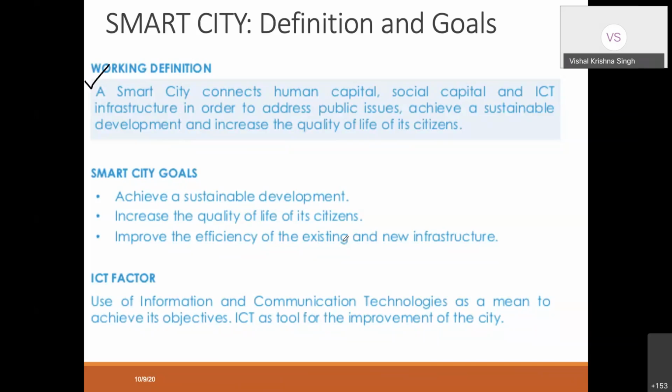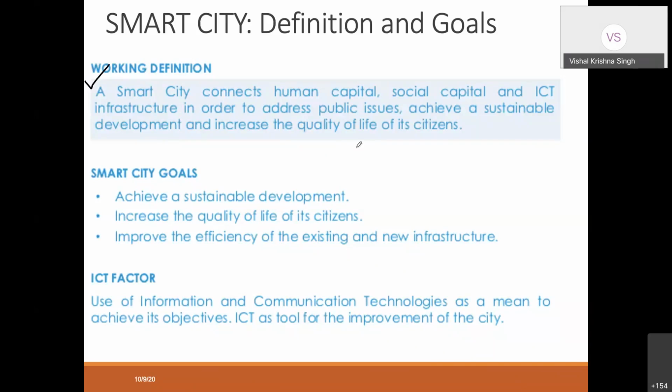To understand it clearly, this definition is basically utilizing scalable solutions, which involve humans and communication technology. Humans are also involved, and the information and communication technology, which we are already witnessing, is also involved.